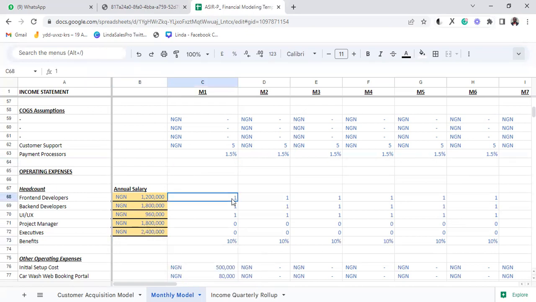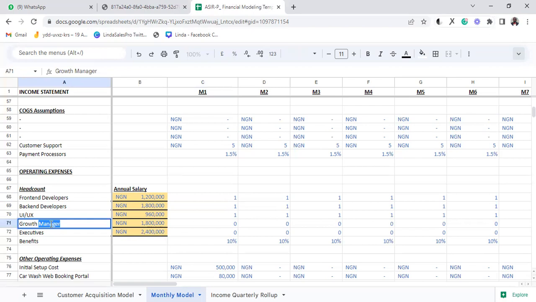So this is now where we need to calculate how many front-end developers we have, how many receptionists we have, how many salespeople we have. So here we might not need a project manager. All we might need here might be a product marketer or growth manager, or sales and marketing.